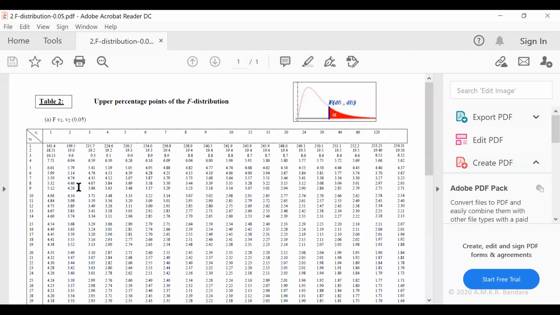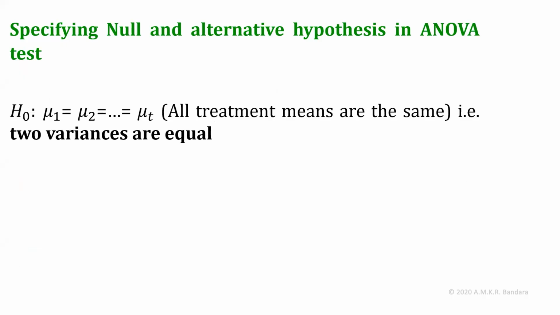So the critical value for this test is 4.26. If our calculated F value is greater than this 4.26, we can reject our null hypothesis.